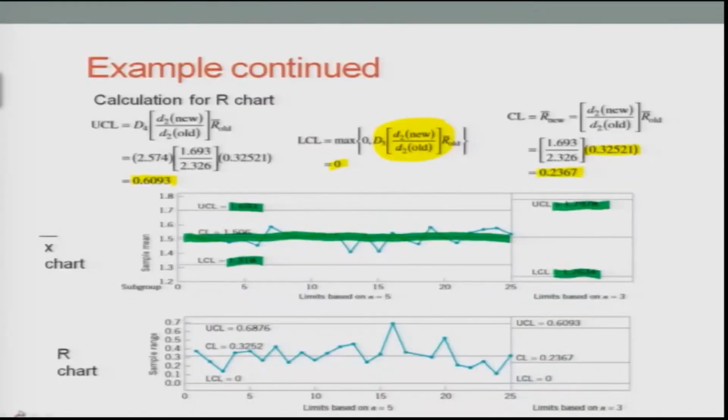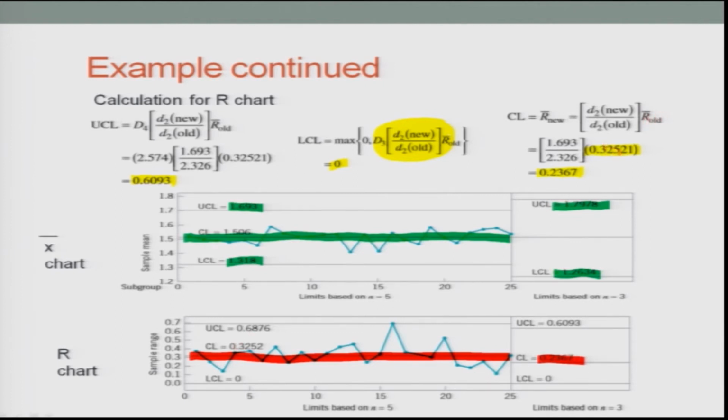Now, when I go to the R charts, as I said, I will be using the red highlighter. Here the central line value is 0.2367, where I am hovering, because the yellow color I am not going to change. It is coming from here, and the original central value initially was here, where I am again highlighting with the pointer.